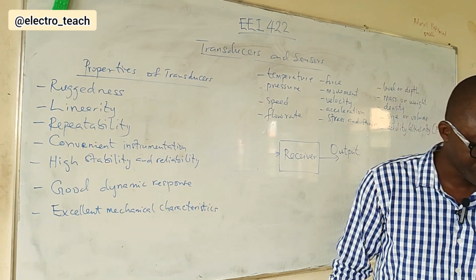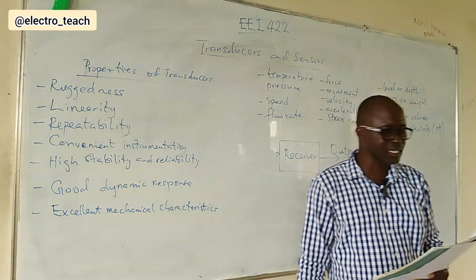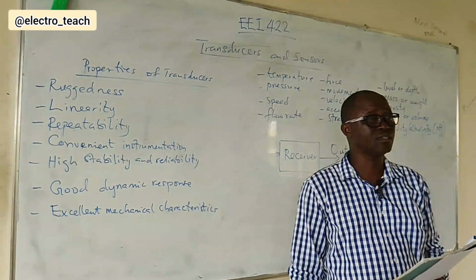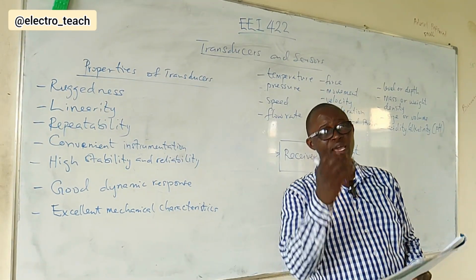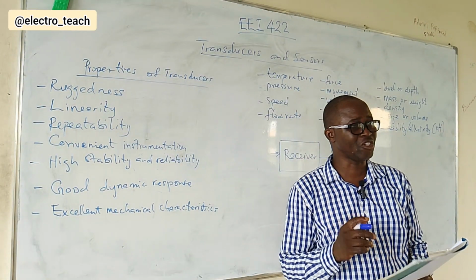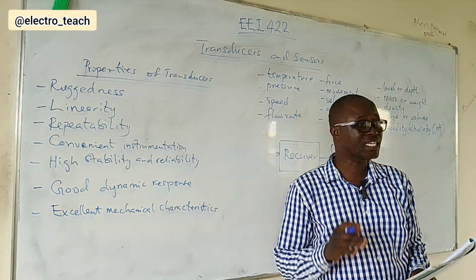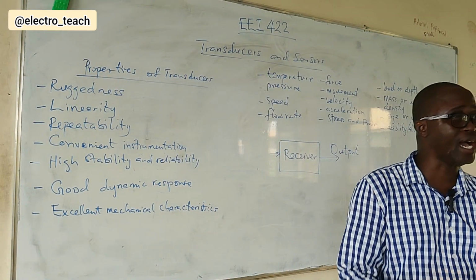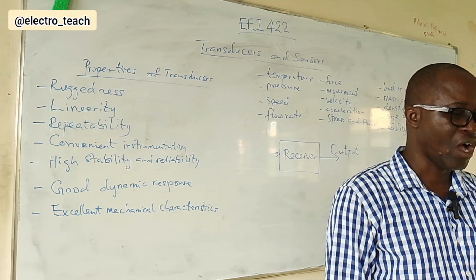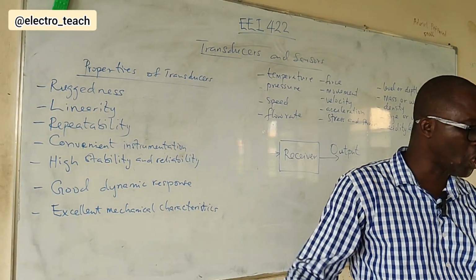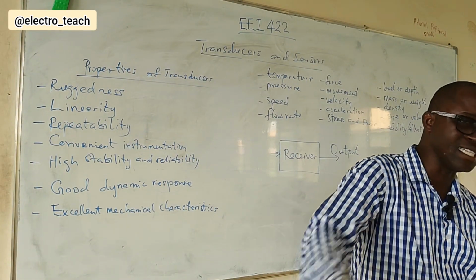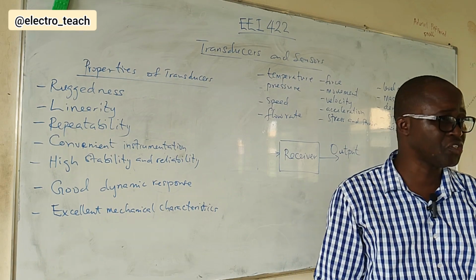Alright. The next one, high stability and reliability. That is, we want minimum error in the measurements. Is that also? Minimum error. That is when we can talk about stability and reliability. Unaffected by probably temperature, vibrations, and the environmental variations.